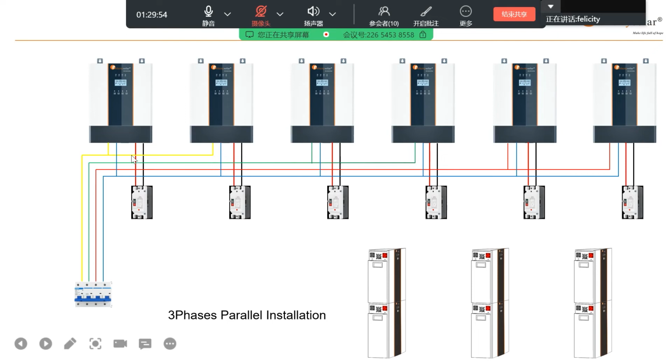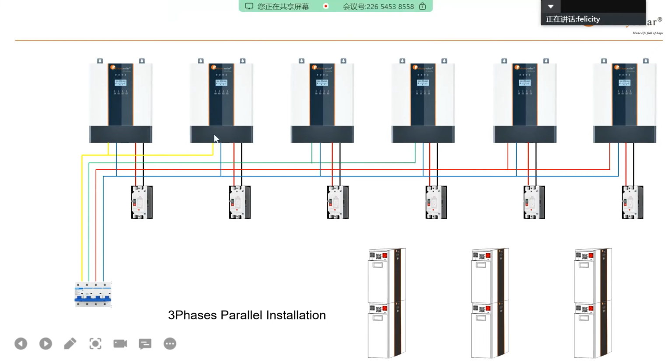This output is three phase. You can see here three phase. These two are one phase, these two are another phase, and these two are the last phase. It's a cable connection, and then here is the current sharing and parallel communication cable, one by one.